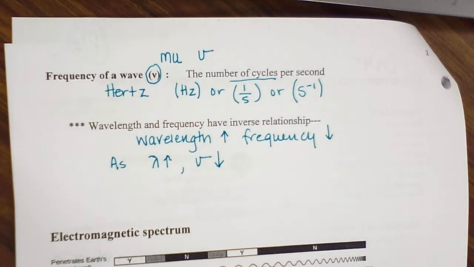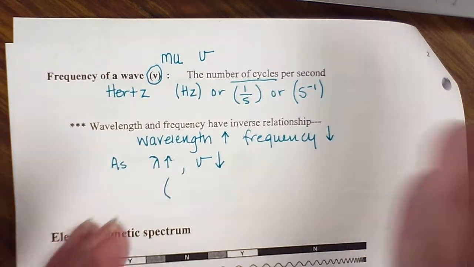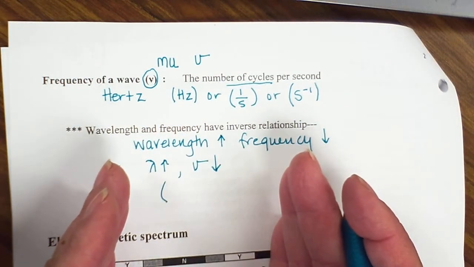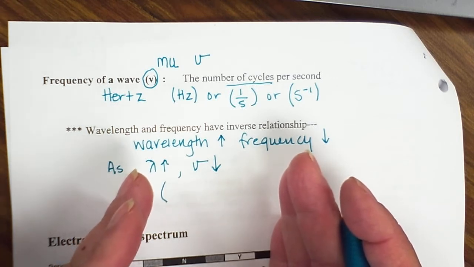Like the train cars, as I'm standing on the side of the road counting the train cars that are passing, if the train car's length were to decrease by half, the number of train cars I would see would increase by a factor of 2.